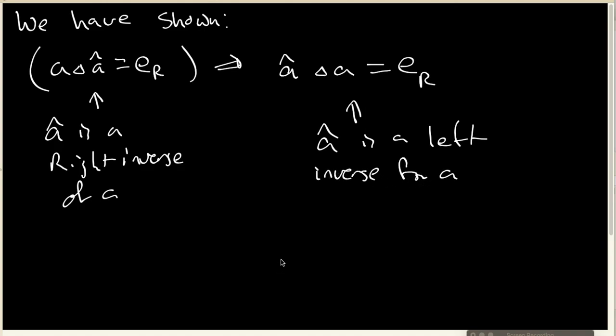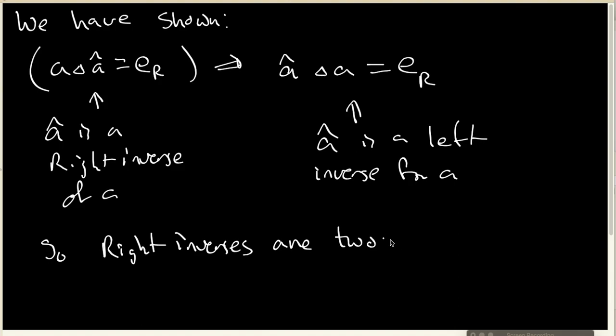And so what this says is that a right inverse in a group is also a left inverse in a group. In other words, a right inverse is a two-sided inverse. So right inverses are two-sided inverses. And that completes this video.